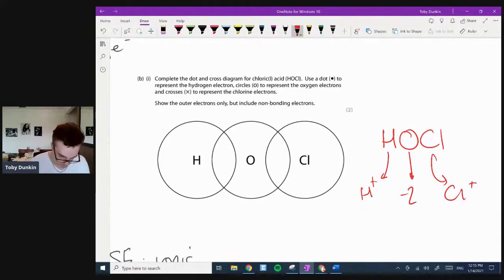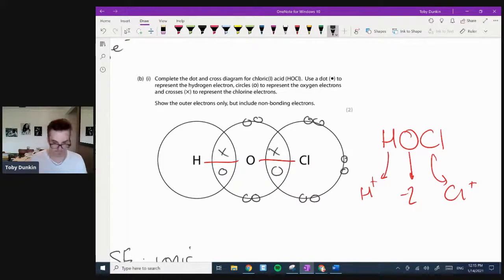Just the 1. Oxygen's making 2 as normal. Chlorine's making 1. Put on my numbers. Put on my 1 bond. Whatever, we're done. Finished. It's an easy one, just GCSE, really.